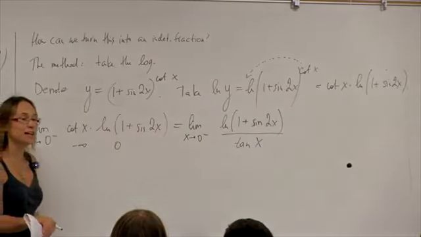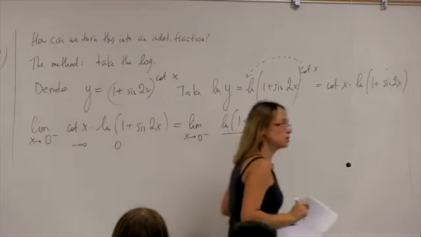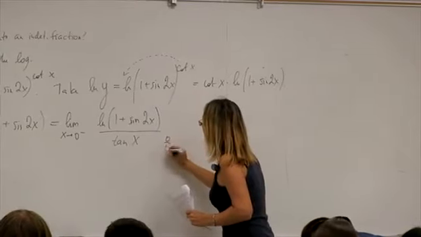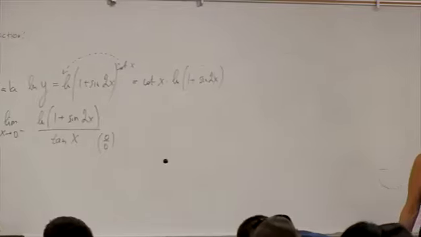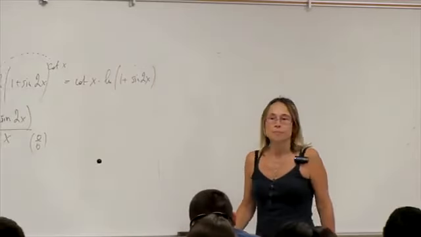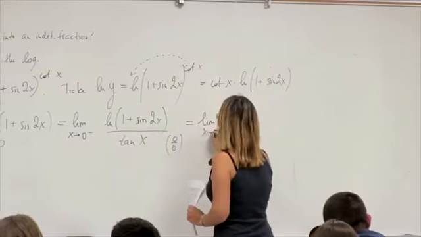So now we have a fraction. What is the tangent of 0? It's 0. So we have a 0 over 0 indeterminate fraction, which is ready for us to use L'Hopital's rule. Questions? So the limit.